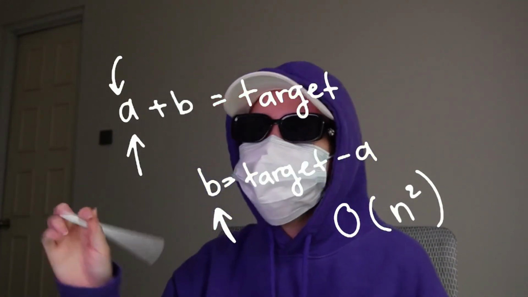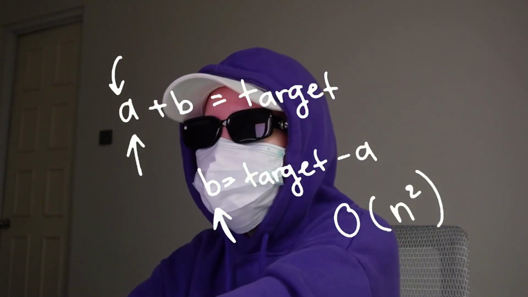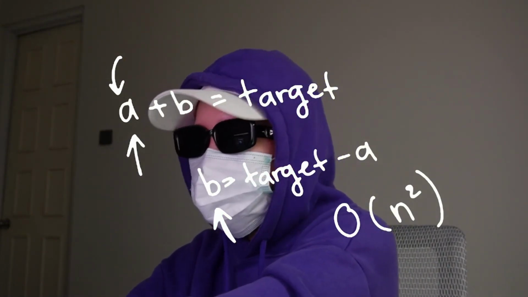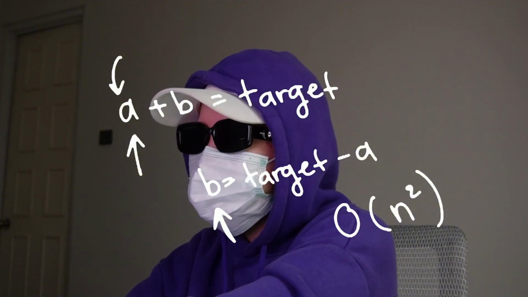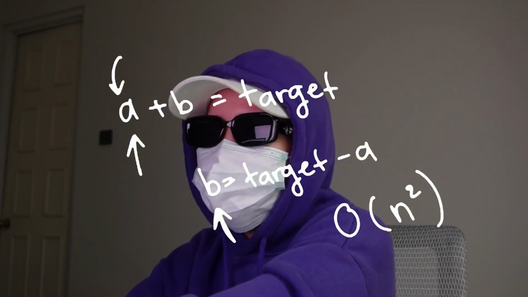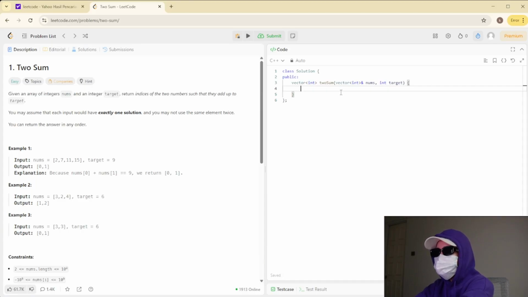Okay, so we can just code it right away. Let's just code it. Then we have the vector of integers, which is nums. So we want to look at the size first. Okay, now we can just do nums dot size. Okay, and then we have to iterate all of it.